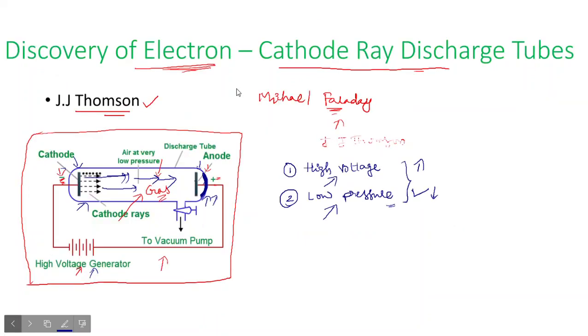When the rays traveled from the cathode to the anode, passed the anode, and struck this zinc sulfide screen, they formed some bright spots.